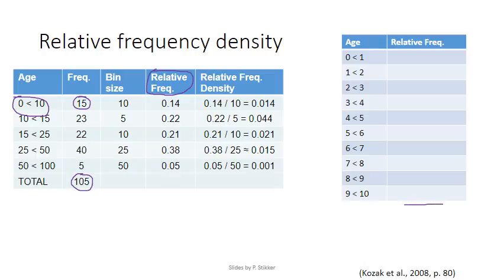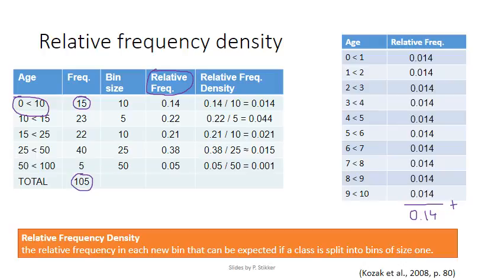And all of these together should now have a relative frequency of 0.14, which means that each of them should get a relative frequency of 0.014. So if I fill that in for each of them, then together it forms 0.14 again, and that's why the relative frequency density is 0.014.